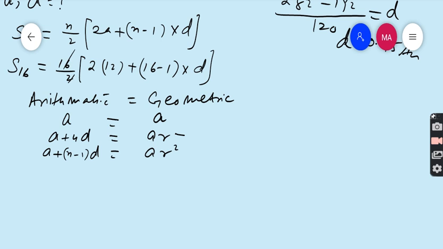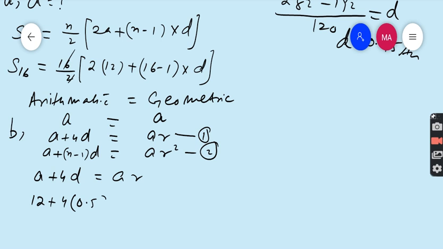So this is equation number 1 and this is equation number 2. I am taking equation number 1: a plus 4d is equal to ar. A is given 12, plus 4 times d, we have found 0.75, equals 12 into r.